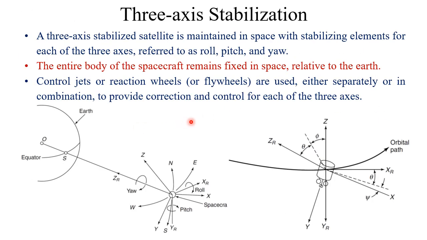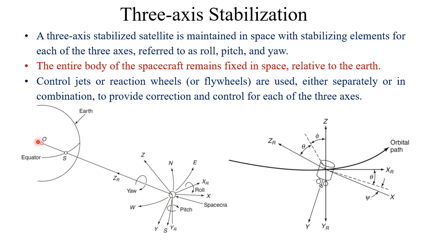In the 3-axis stabilization system, the stabilization is maintained with stabilizing elements. So there are certain stabilizing elements present in those satellites for each of the 3 axes, and those 3 axes are called roll, pitch, and yaw.